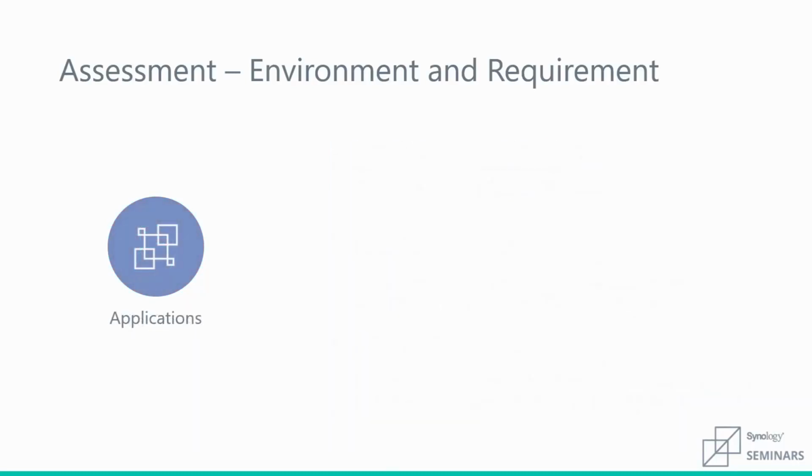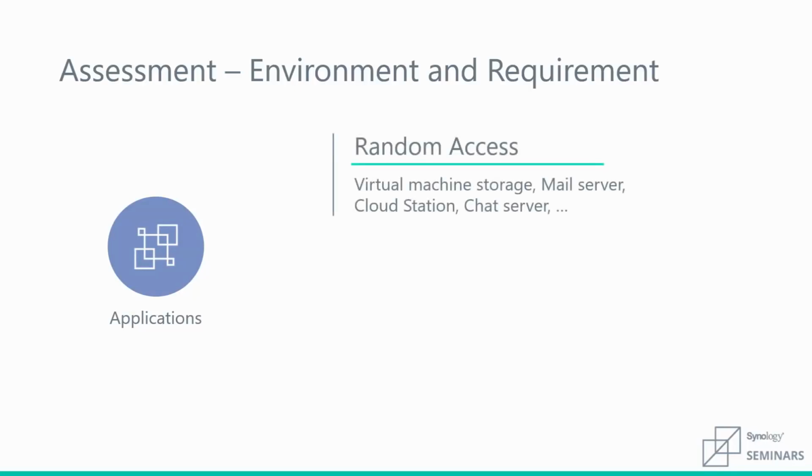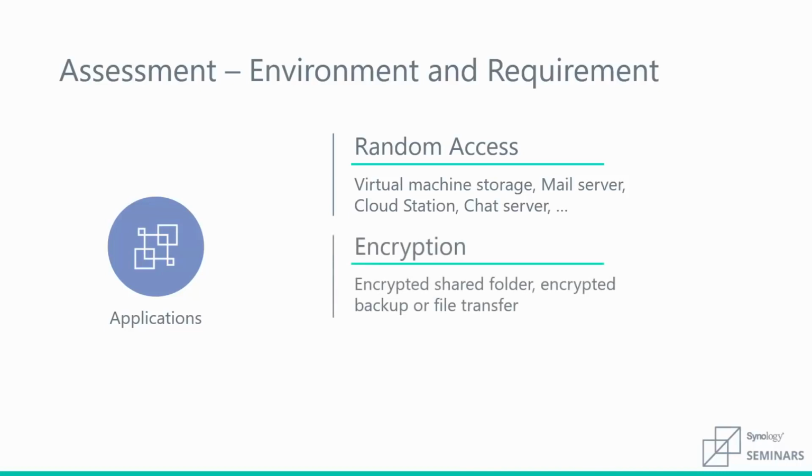Last on our list, let's consider which applications your NAS will be running. Will this be used as virtual machine storage, a company mail server, or a private cloud? There's tons of use cases, so consider if yours requires higher random access or high-performing CPU. Are you going to have any specific encryption needs?